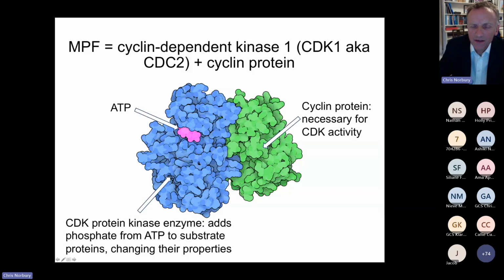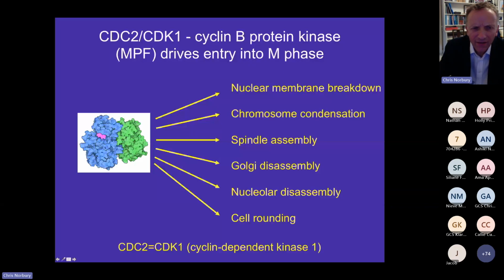This dimeric, this two-protein enzyme is otherwise known as cyclin-dependent kinase 1, or CDK1. And it's this thing that drives all of the visible processes of mitosis that you saw in the movie earlier on, like condensation of the chromosomes and assembly of the mitotic spindle and so on. So this is the enzyme that catalyzes mitosis, in other words.